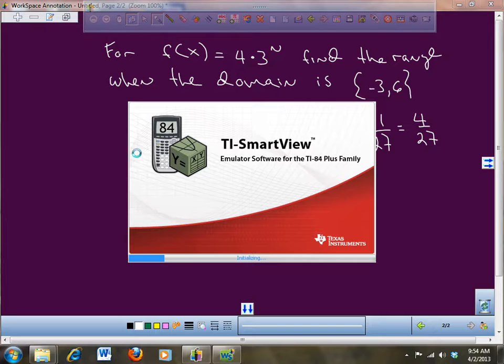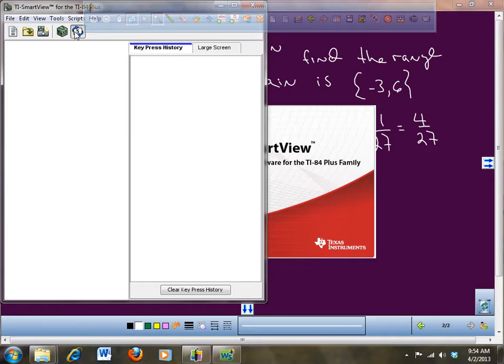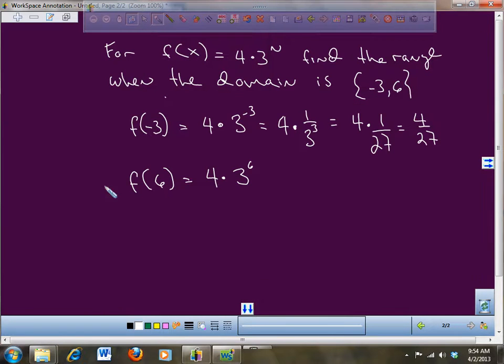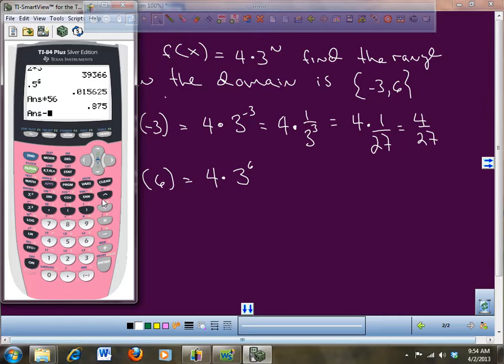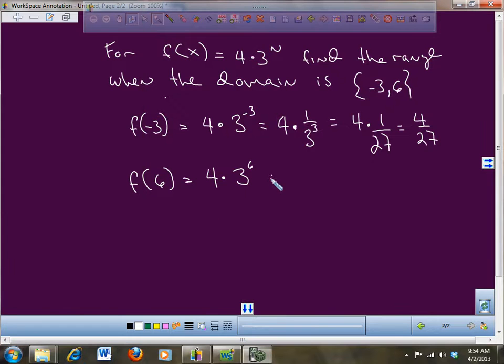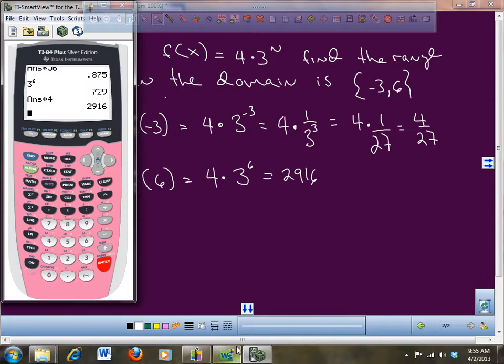It depends what kind of calculator you have. I would do the 3 to the 6th first. So 3 raised to the 6th power, which is 729, and then I want to multiply that times 4. And I get 2,916. See it again? There it is.